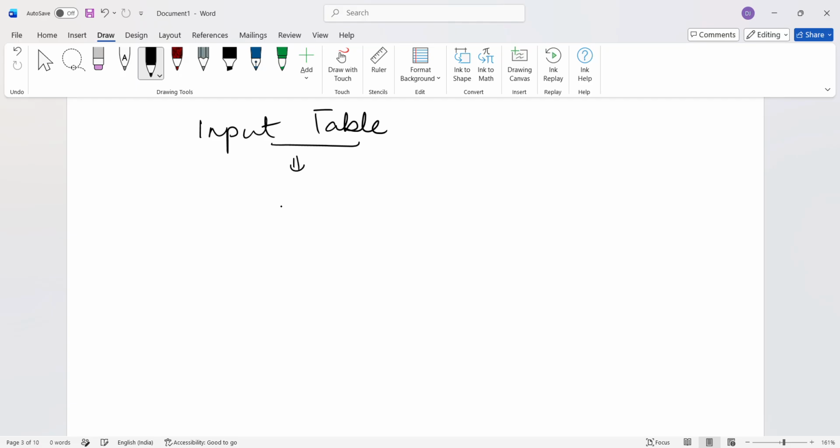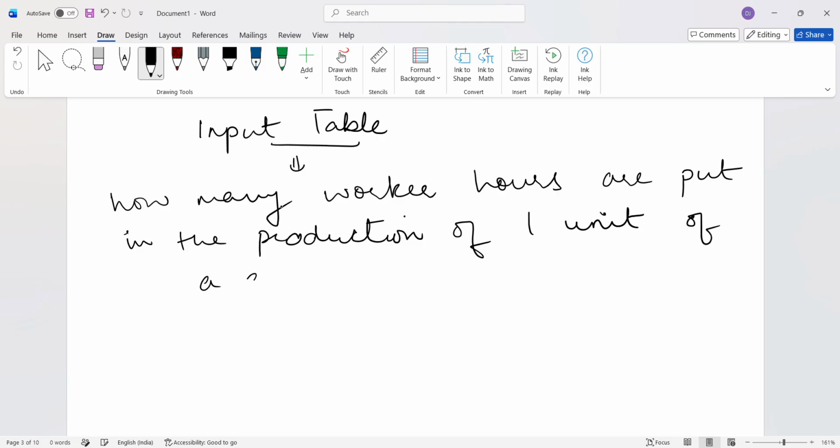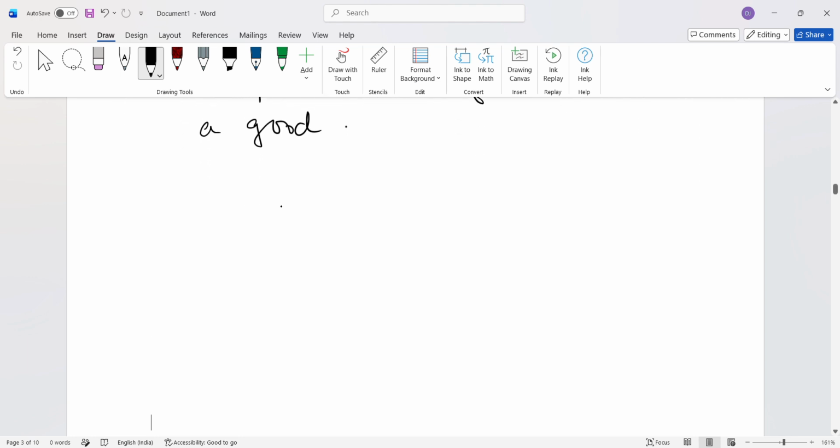Input table basically gives you how many worker hours are put in the production of 1 unit of a good. All right, 1 unit of a good.